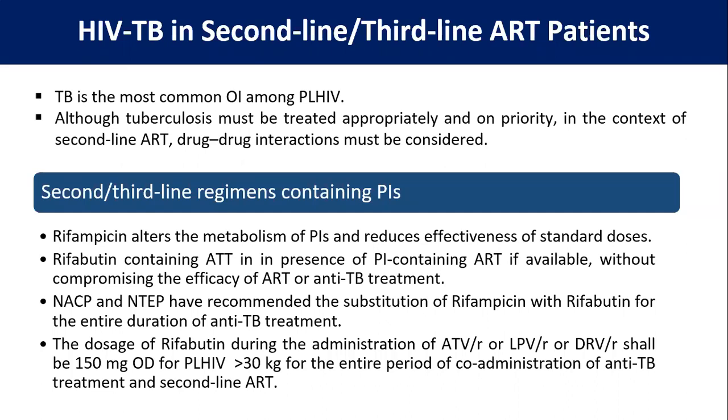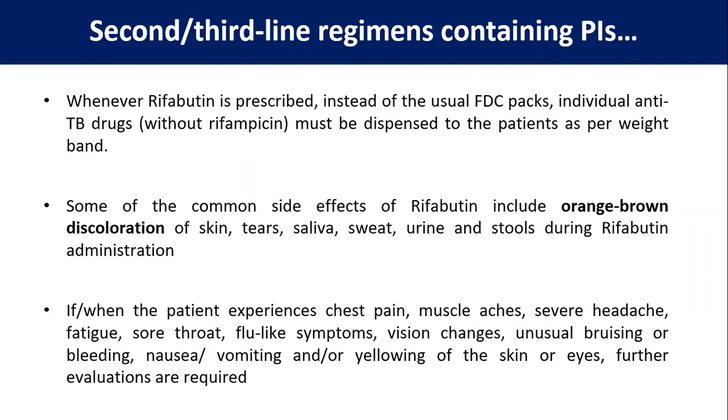The dose of rifabutin during administration of ATV/r or LPV/r or darunavir shall be 150 milligram once a day for PLHIV more than 30 kg for the entire period of co-administration of anti-TB treatment and second-line ART. Whenever rifabutin is prescribed, instead of the usual FDC pack, individual anti-TB drugs without rifampicin must be dispensed to the patient as per weight band.